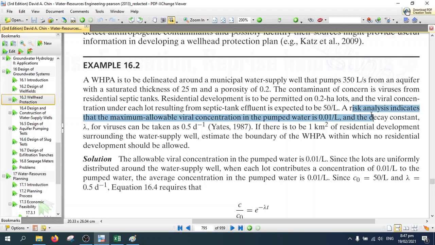Upon doing some risk analysis, they realized that the allowable viral concentration in water is 0.01 counts per liter. Their estimated biological decay constant is 0.5 per day, as per Yates 1987.